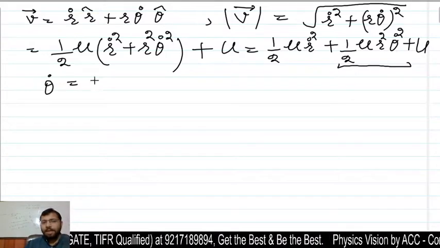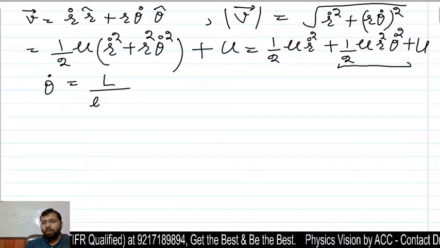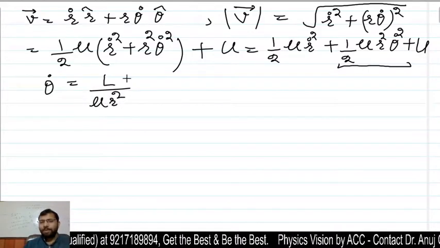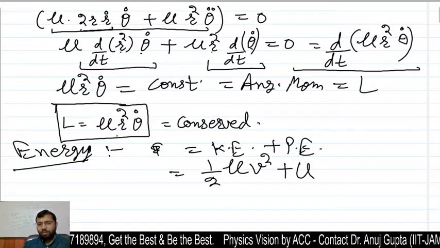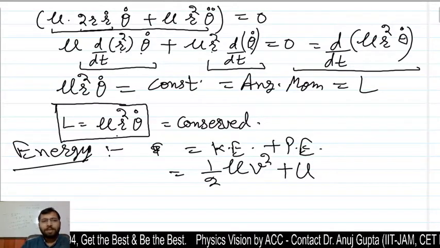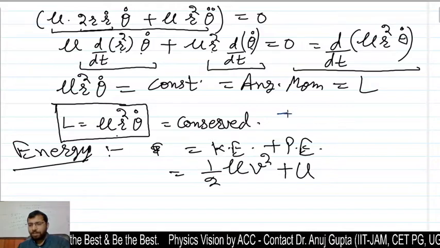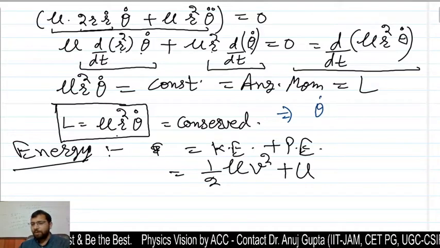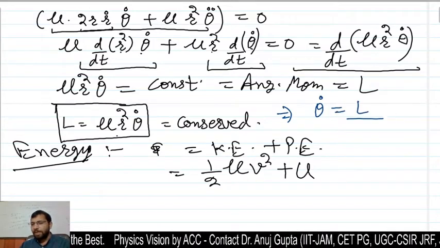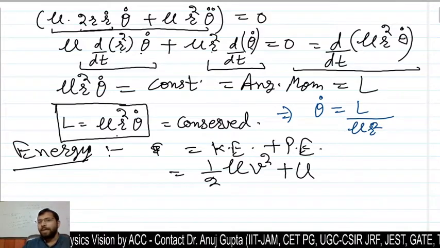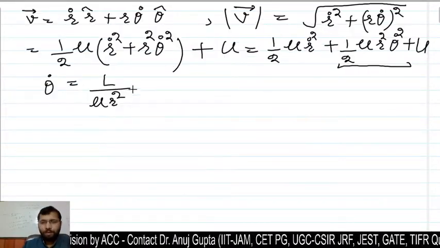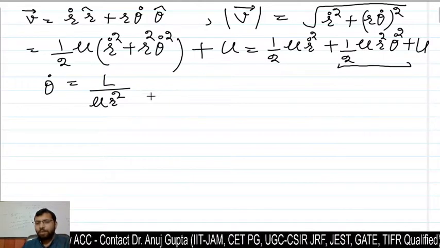Now here one more interesting expression can be substituted. Theta dot is L upon mu r square. From the previous expression we have written L is equal to mu r square theta dot in this form. We are substituting theta dot from this expression, putting it equal to L upon mu r square. Okay, so what will be the total energy?